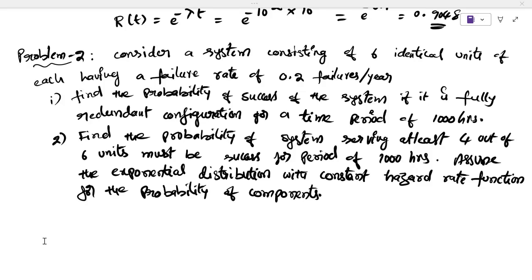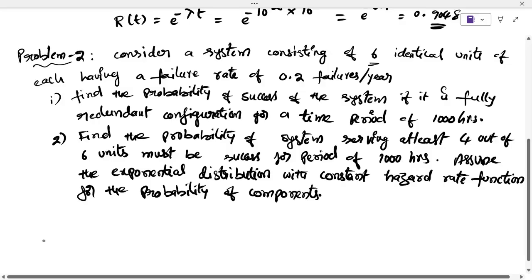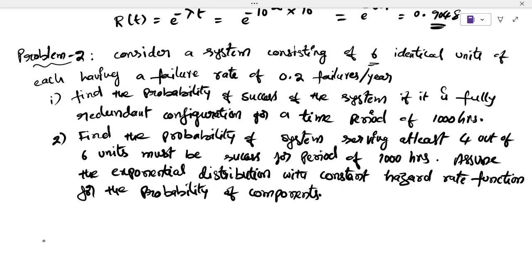Now this is the second problem: consider a system consisting of 6 identical units, each having a failure rate lambda of 0.2 failures per year. This is the unit for failure rate lambda. They are asking two questions.